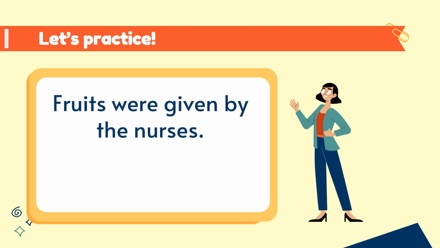Fruits were given by the nurses. We have here the verb phrase were given. So what do you think it is? Is it in the active voice or is it in the passive voice? It's in the passive voice.